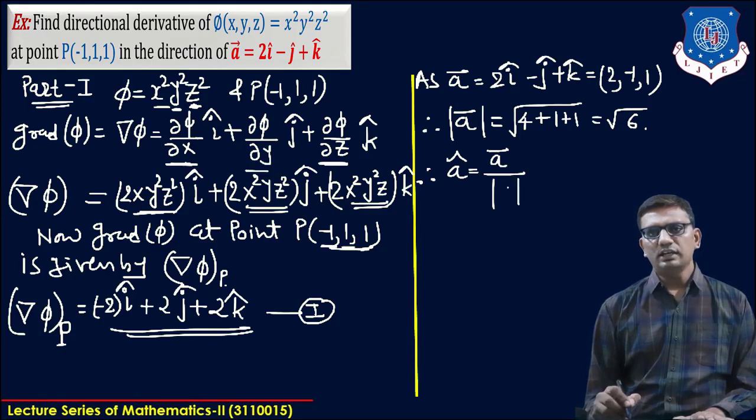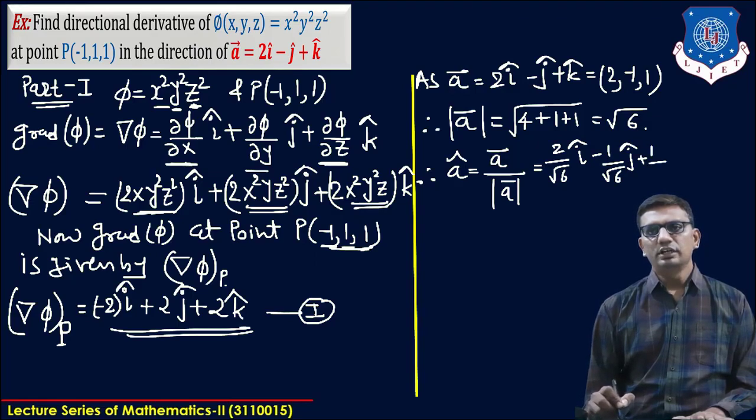So our a caret will be a bar upon norm of a bar, which is 2 upon root 6 i caret minus 1 upon root 6 j caret plus 1 upon root 6 k caret. So this is our unit vector in the direction of a bar.